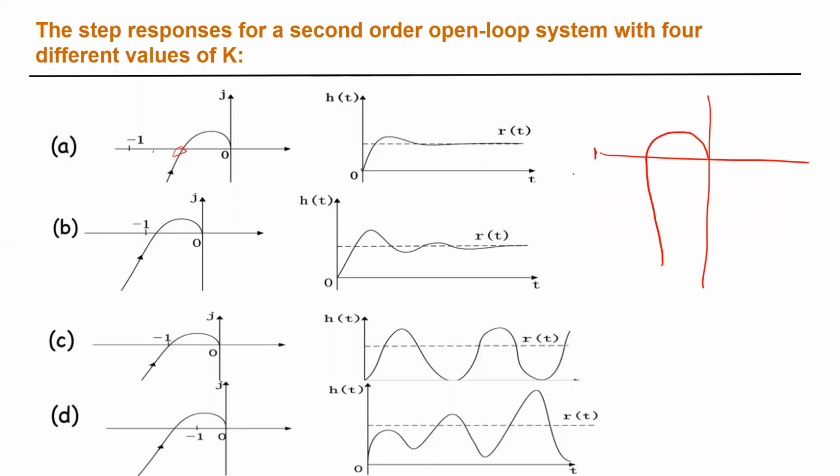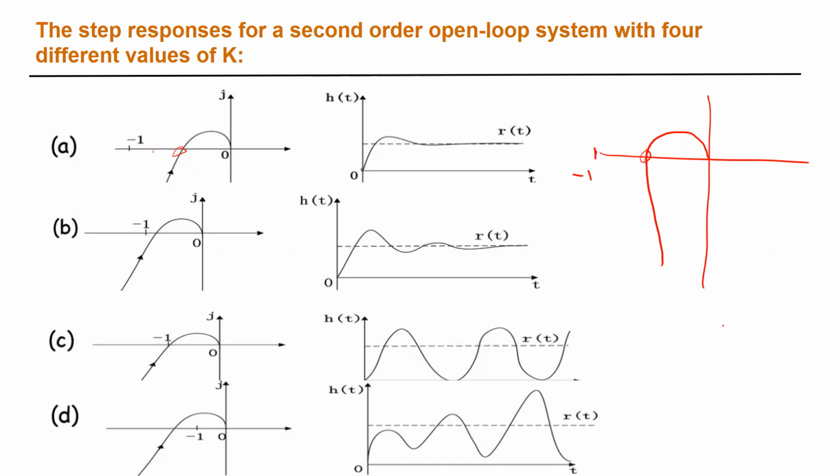Let's say this is the -1. How much can I multiply the gain at this point? By intersecting the Nyquist with the real axis, what is the angle at this point if you are taking the polar form? Minus 180. If you are taking the Cartesian representation, what do you set?